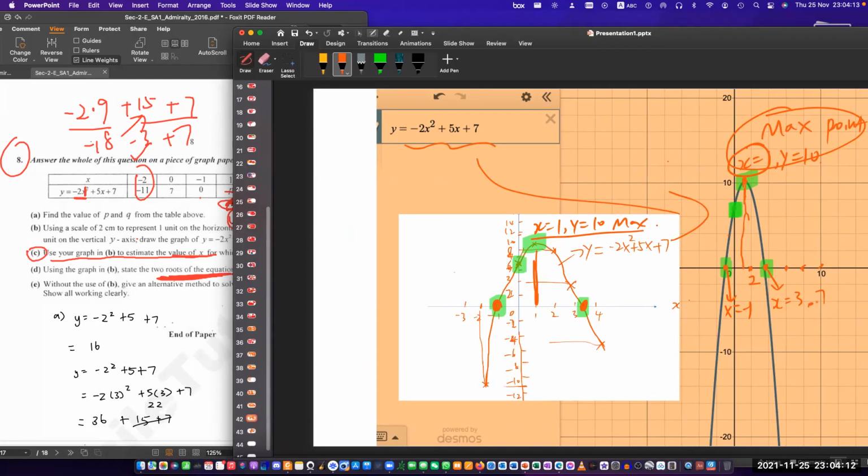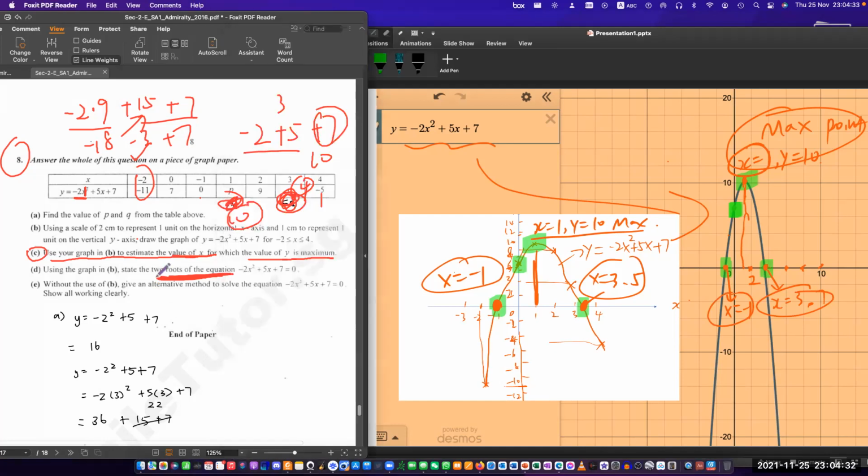Okay, estimate. So similarly, this point is x equals -1 on my freehand. This is between 3 to 4. So over here, I think it's 3.5. Okay, slightly off, but about there. That's how you state the two roots.